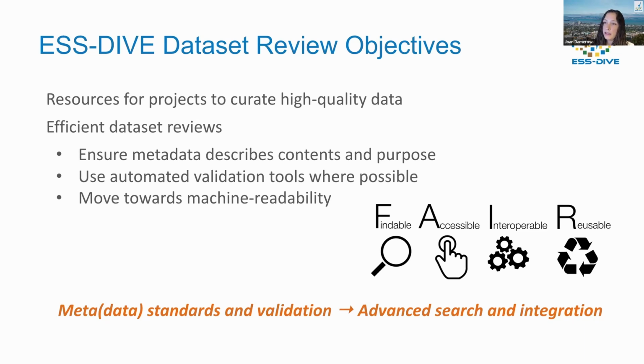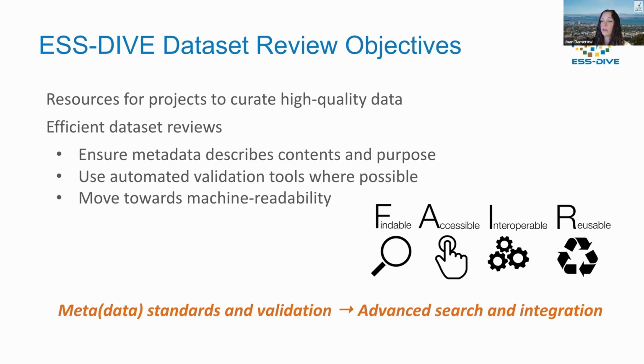In this process, we try to ensure that the data set metadata accurately and completely describes the contents and purpose of the overall data set. And then we have some automated validation tools for the data set metadata, as well as some community reporting formats that I'll talk about. And we're trying to move more towards the data contributors providing files that are machine readable using our community reporting formats.